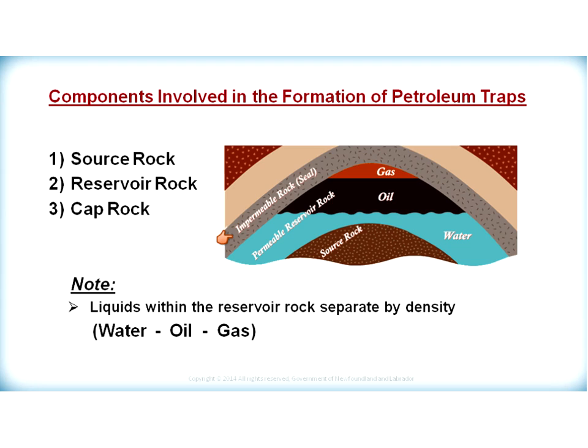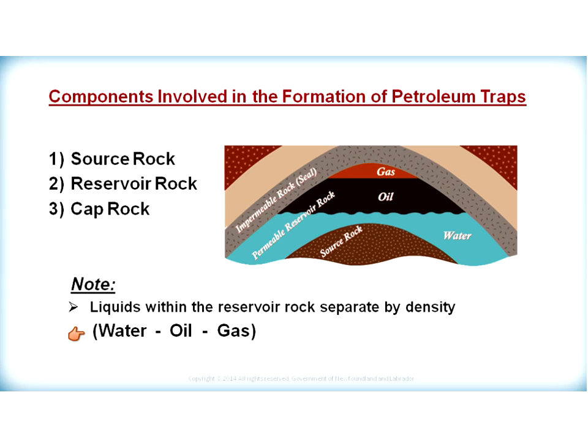When we look at the liquids within an oil trap, the liquids within the reservoir rock separate by density. So density is the key to separating all three of the different materials that are included in petroleum traps. Water, oil, and gas are separated according to density.